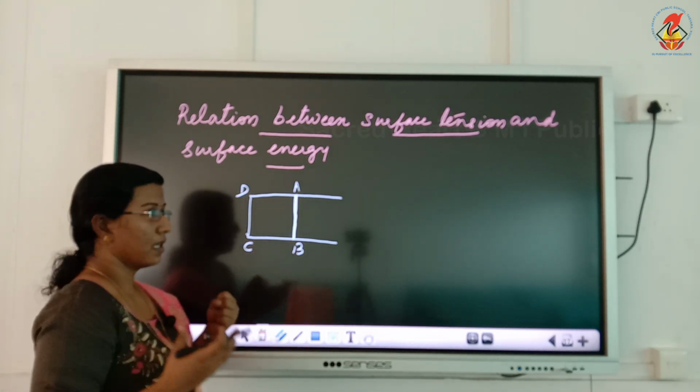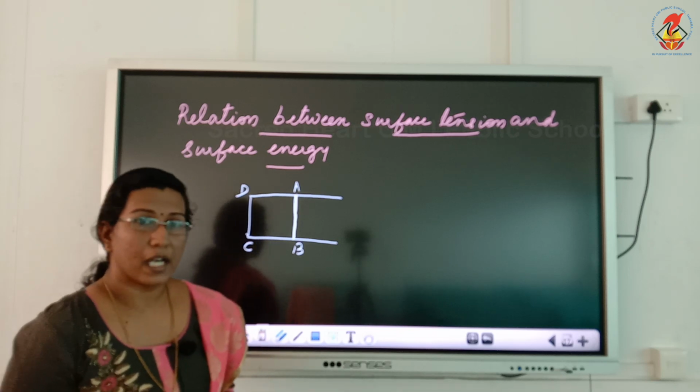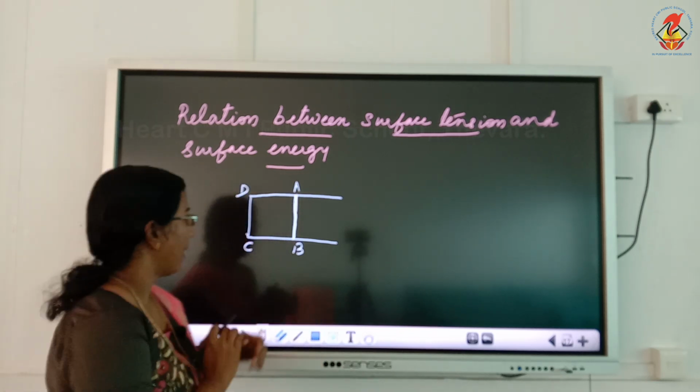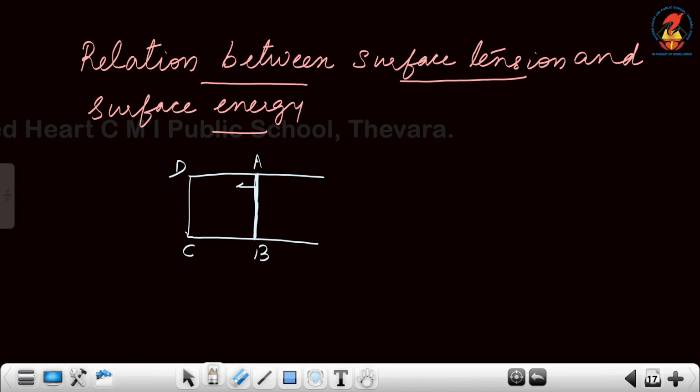Now what happens? Soap is a liquid, so definitely because of surface tension it will try to decrease the area, and because of this surface tension the end AB will be pulled inward.